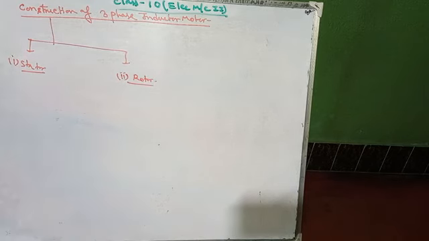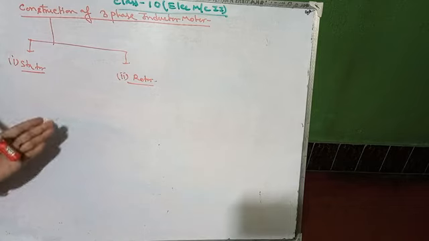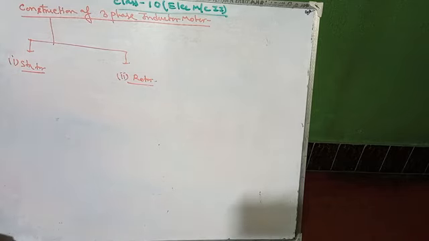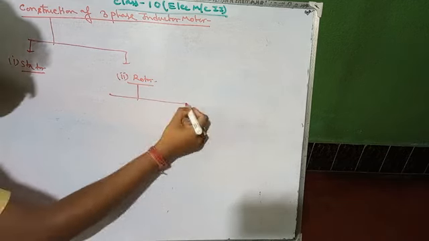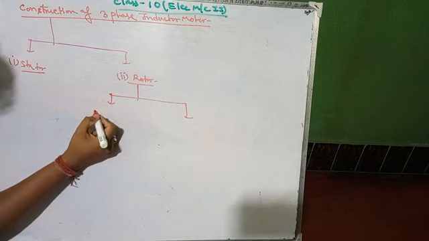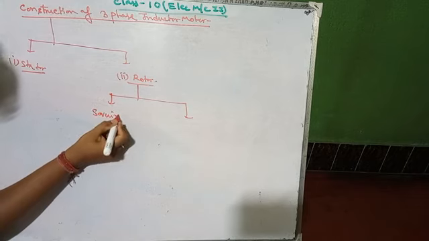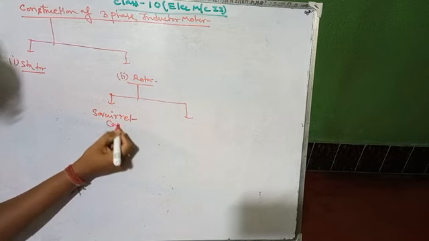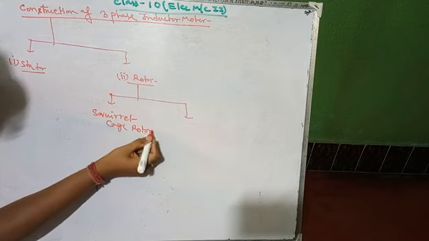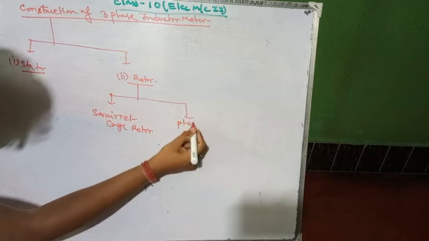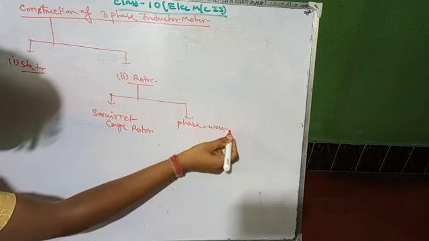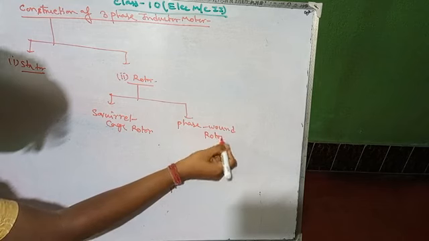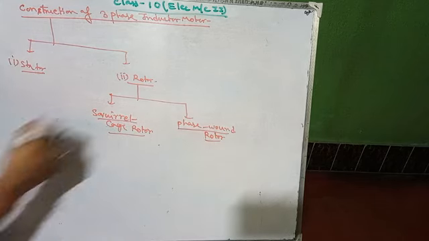For every motor there are two types of arrangement, that is stator arrangement and rotor arrangement. The rotor has two classifications. The first one is squirrel cage rotor, and the second one is phase wound rotor. These are the classifications of rotor.